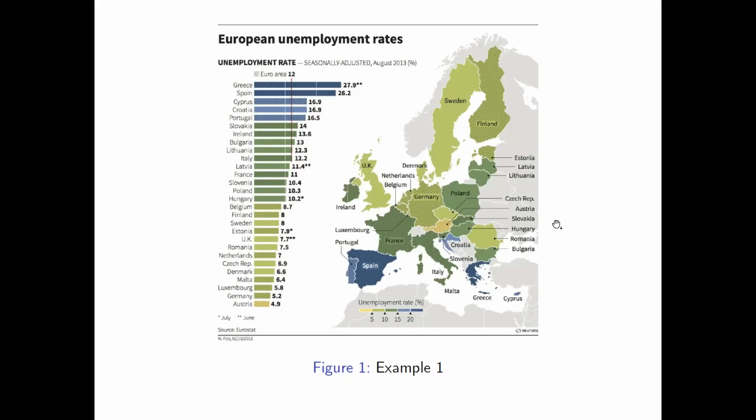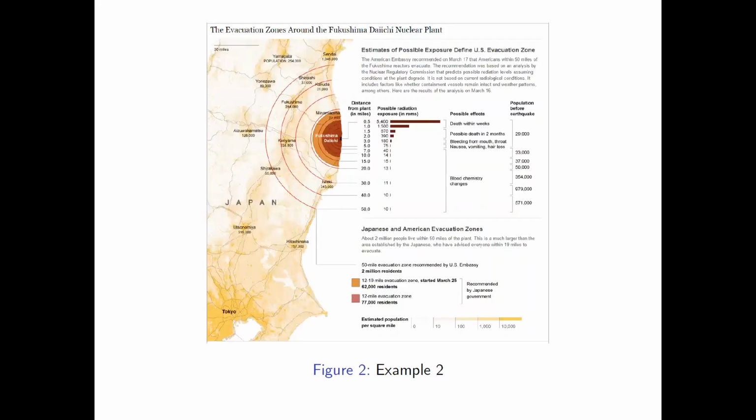So the first feature of data visualization is to deliver geographical information or other graphical information that is hard to express using language. The second example is the evacuation zones around the Fukushima nuclear plant.